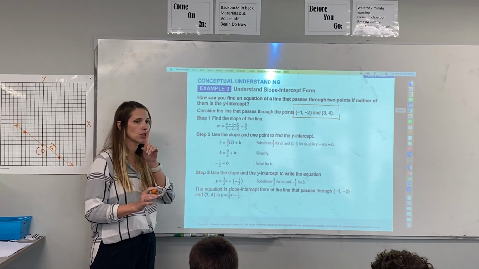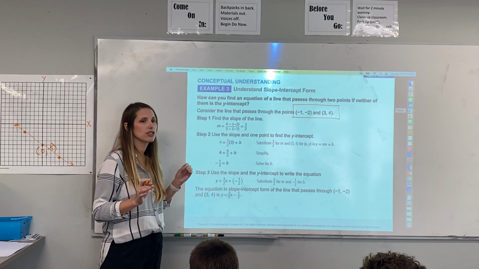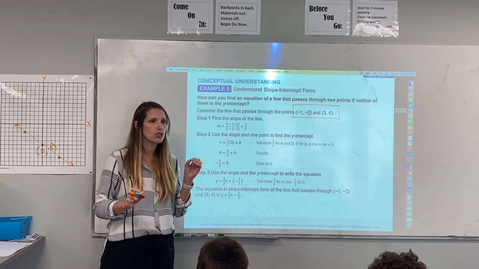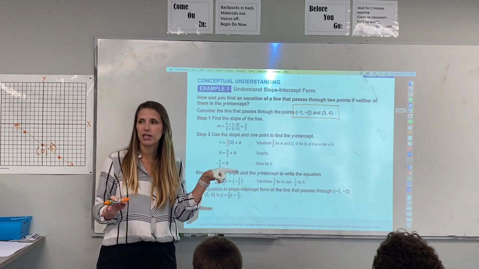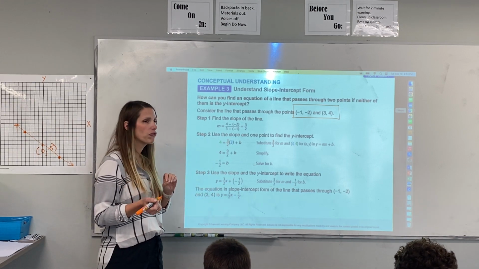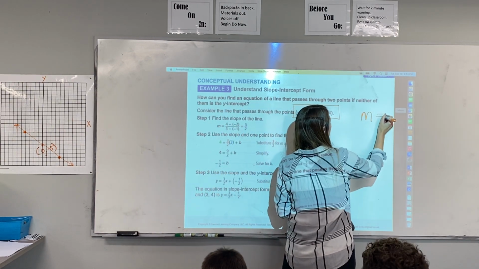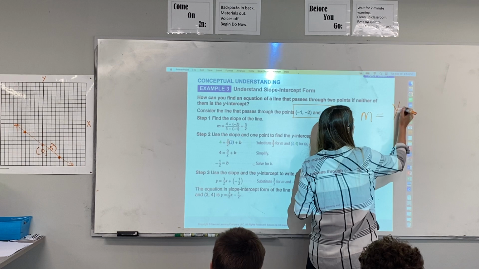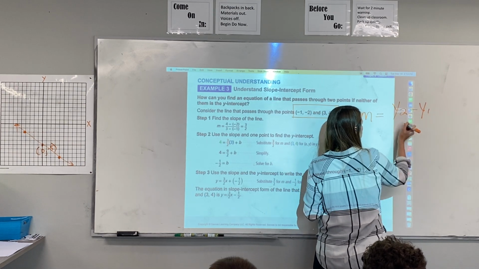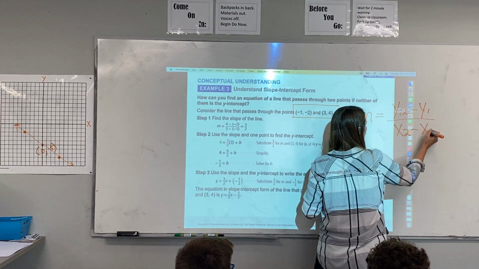The first thing we're going to do is find the slope. We talked about this a little bit. I know it was a little rushed yesterday, but it was in part 1 of the video that I posted yesterday. We talked about the slope formula, right? Slope formula, m equals y2 minus y1 over x2 minus x1.